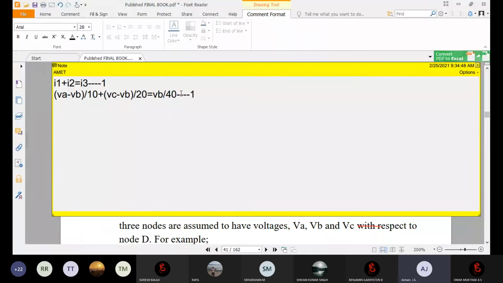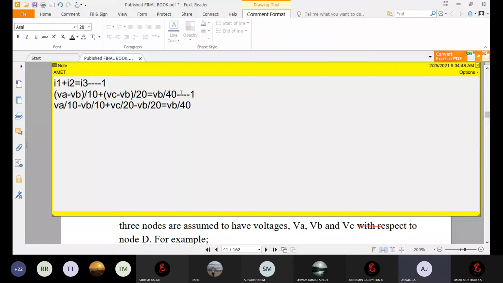I'm going to separate everything: VA divided by 10 minus VB divided by 10 plus VC divided by 20 minus VB divided by 20 is equal to VB divided by 40.